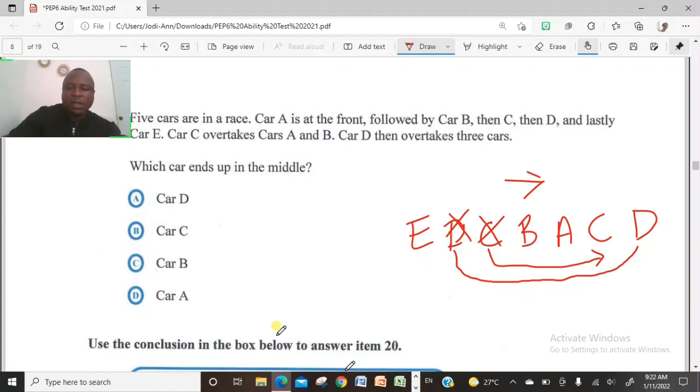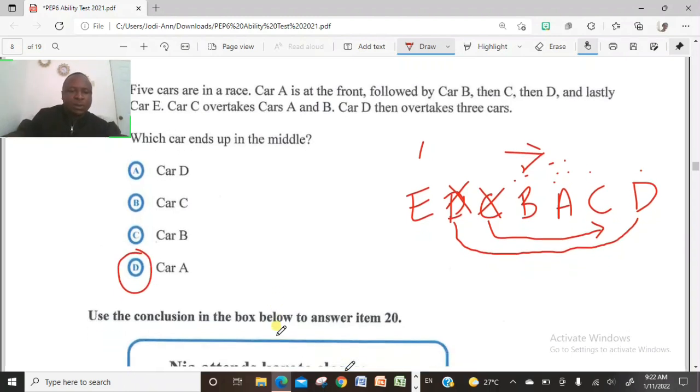So we have 1 here, 2 here, 3 here, 4, and 5. So which one is in the middle? It would be car A. And you realize car A is not option A. Car A is at option D. So you have to be careful with that.